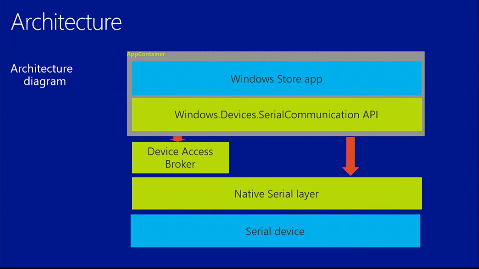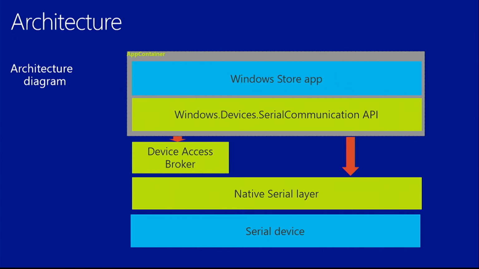And there is also a device broker component. The ioctls communicate with the device below, and the device broker sits on the side. We'll go into a little bit of detail on what exactly the device access broker does. The device access broker is an OS component whose role is to do some basic bookkeeping and gatekeeping for device access APIs.